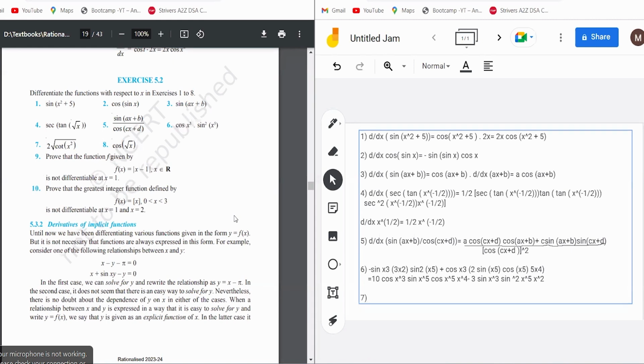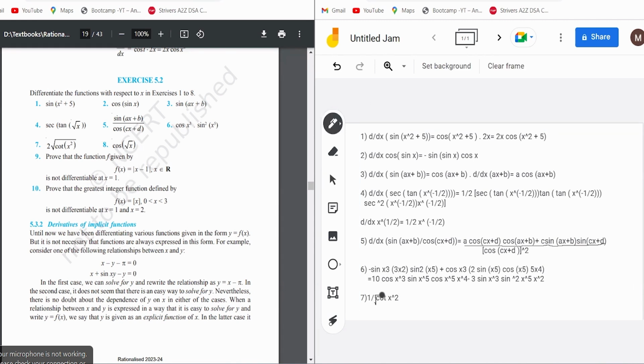So what will be left? It would be 1 upon root of cot of x square. इसका root मतलब let me draw the root. Okay, so it would be 2 times 1 upon 2 root of cot x square. So 2 and 2 will cancel out and we will get this.